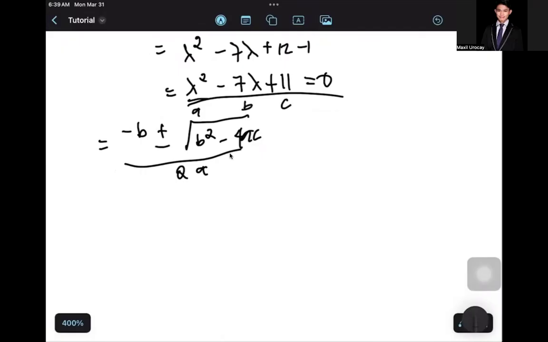Remember that your a is 1, then your b is negative 7, c is 11. So we can put that right there.